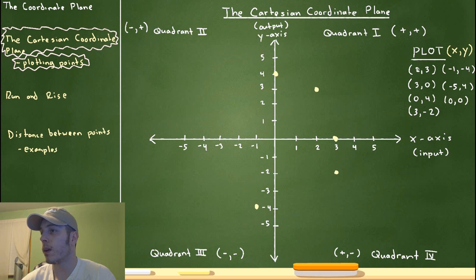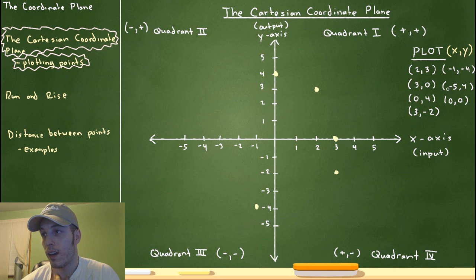So for example, this point 2, 3 does not mean move right 2, plot a point, move up 3, plot another point. This is a very common mistake. You have to follow both directions first, and then you can plot your point. It should just be a single point that you're plotting here.